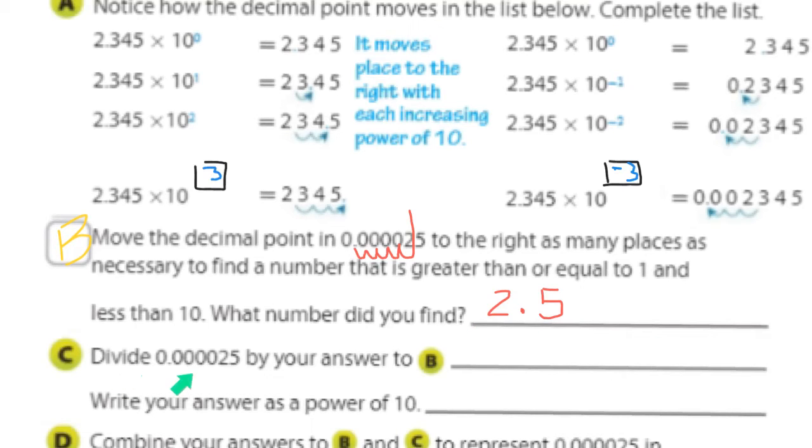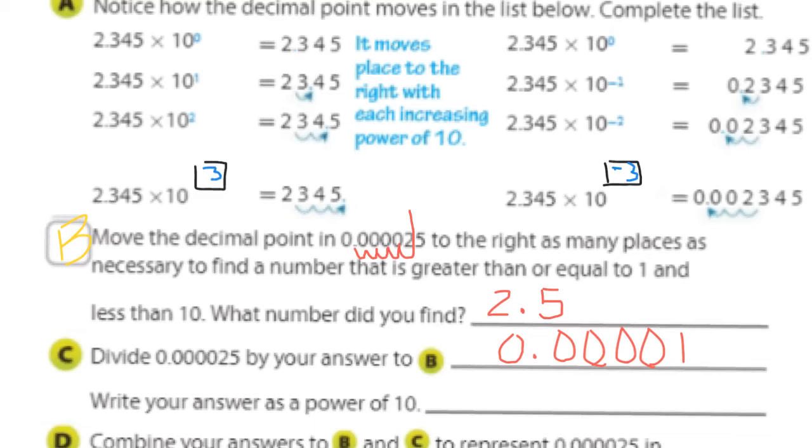Then it says divide this number by the answer in B. To me this is the long way. When you divide them with your handy dandy calculator, you come up with a 0, a decimal point, and then 1, 2, 3, 4 zeros and a 1.